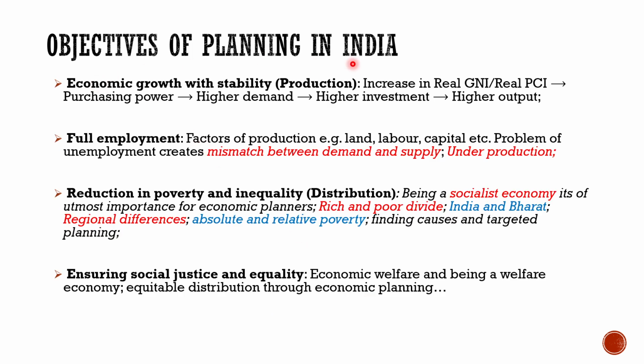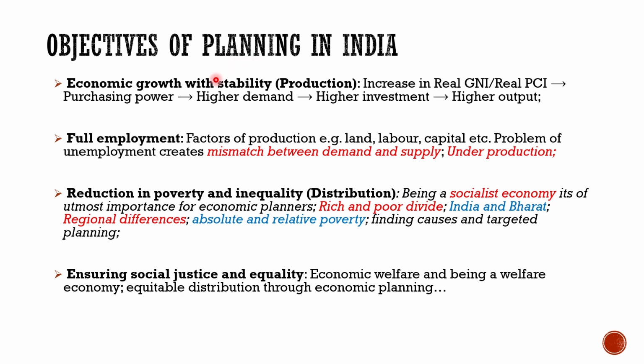As far as macroeconomics is concerned, there are four most important objectives of planning. The first one is economic growth with stability, which is related to the production scenario. Increase in real per capita income increases purchasing power, and because of this there's higher demand. This demand may be for consumption or for investment, and ultimately it leads to higher output.